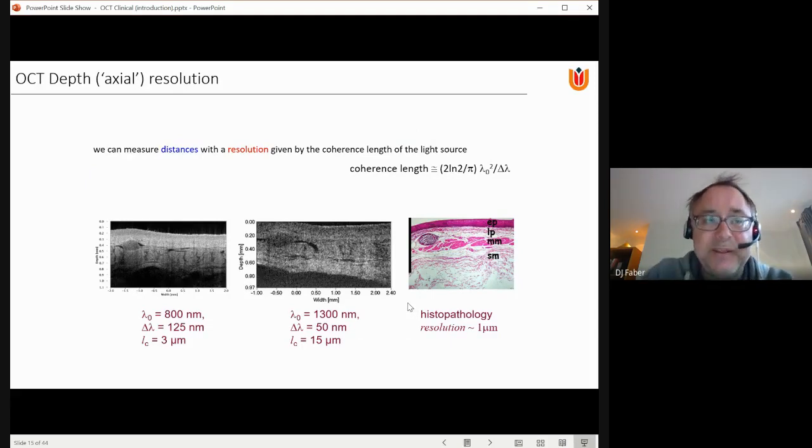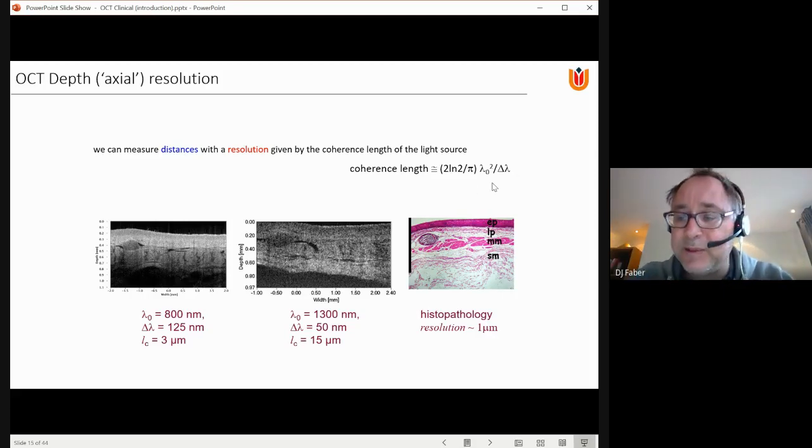If the spectrum is Gaussian shaped, so that's an idealized spectrum, then you can actually do this analytically, and the formula is given here. The coherence length, the width of that peak, is 2 times the natural logarithm of 2 divided by pi, which is just a constant, 0.44, I think, times lambda 0 squared, the center wavelength of the light source, divided by delta lambda, the complete bandwidth of the light source.